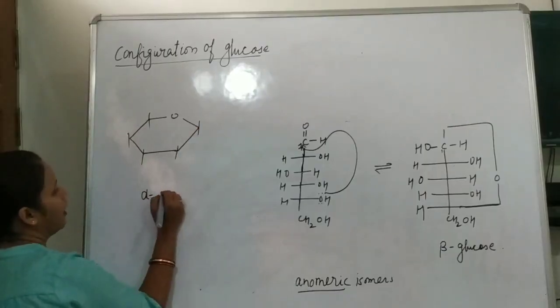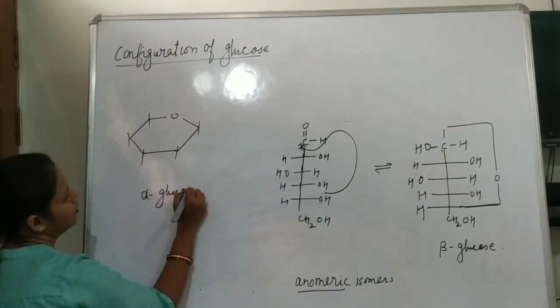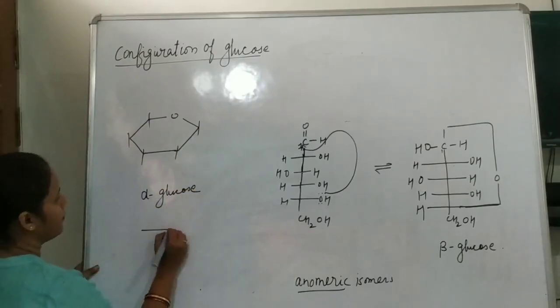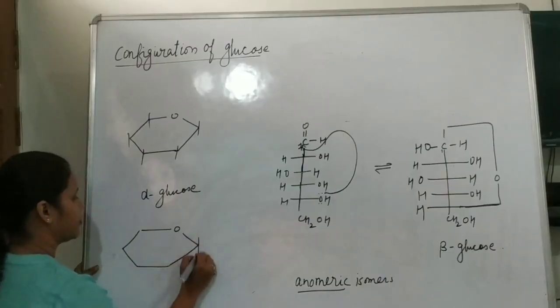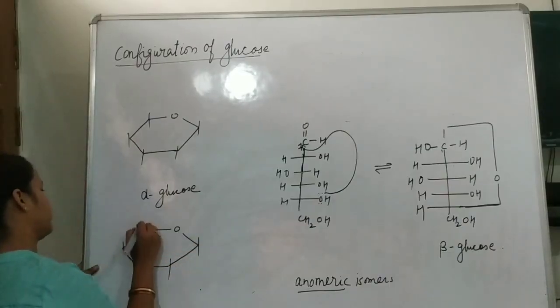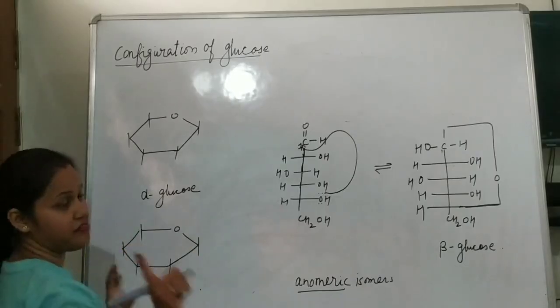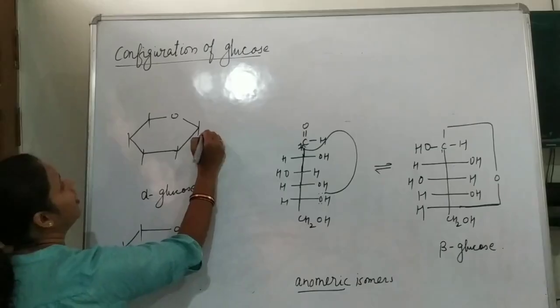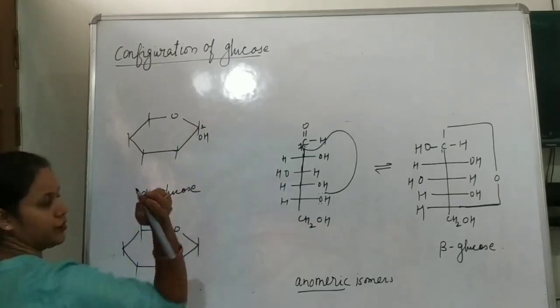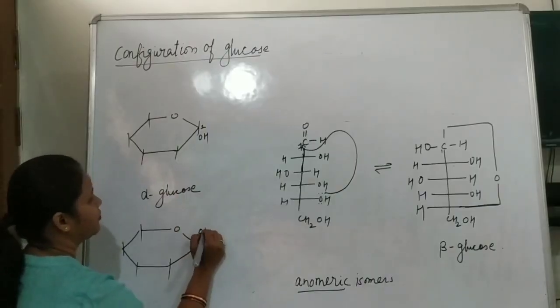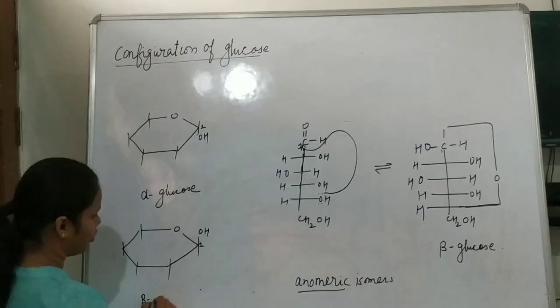In alpha glucose, the only difference is because of the OH group at the first carbon. This is the first carbon. This is beta glucose.